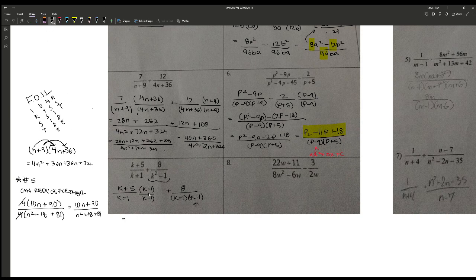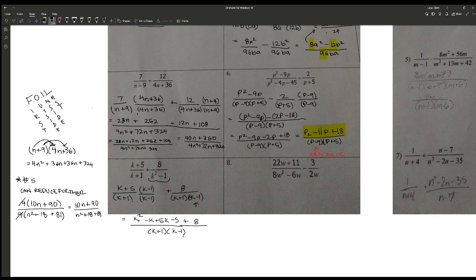We do first, so we have k times k, so we get k squared. And this is for the numerator, by the way, not the denominator. K times negative 1 is minus k. 5 times k is positive 5k. And then 5 times negative 1 is negative 5, plus 8 from this secondary fraction here, over k plus 1, k minus 1.